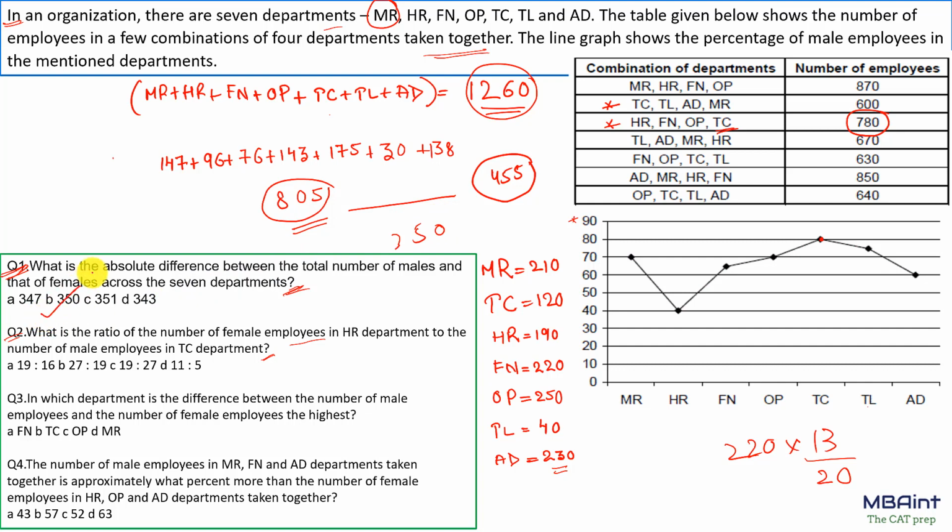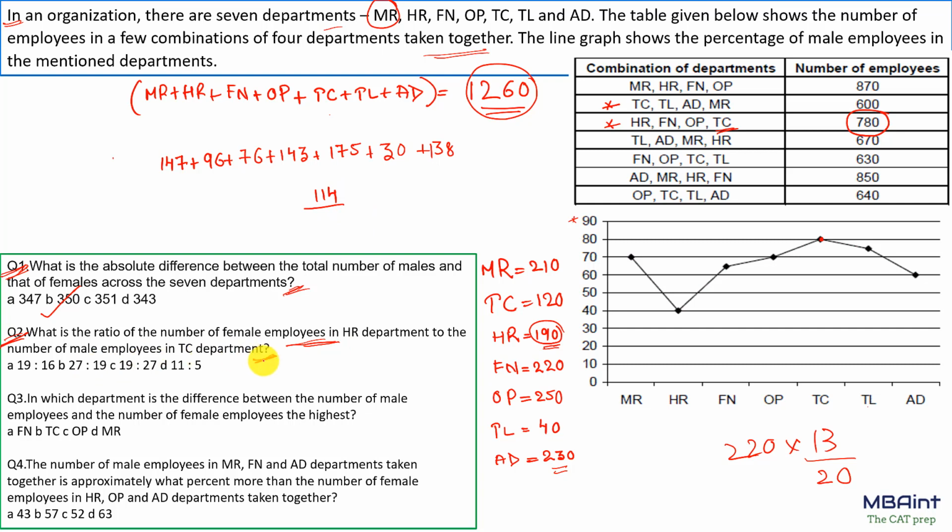So it's easy. Now the second question is, what is the ratio of the number of female employees in the HR department to the number of male employees in the TC department? For female employees in HR, the total number of employees is 190. In HR, we have 40% male, so 60% would be female. If 60% is female, 19 into 6 makes it 114.